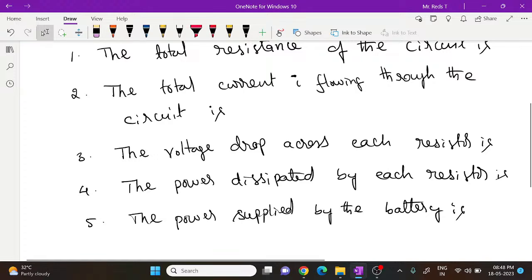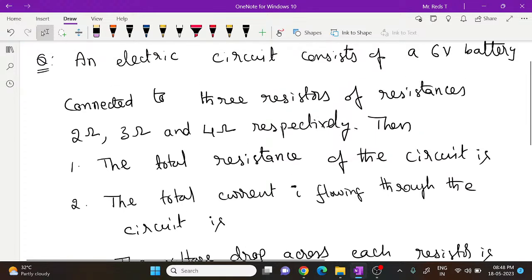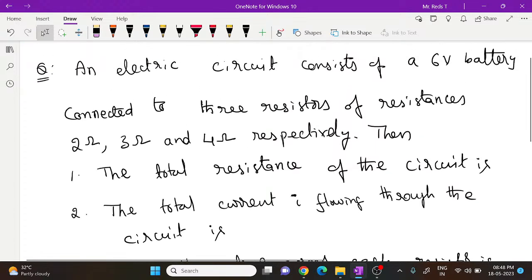Okay, guys. Actually, one point here is not clear in the question. The electric circuit consists of a 6-volt battery connected to 3 resistors of resistances respectively, but whether they are connected in series or parallel is not mentioned clearly. Yes, one of you guys, Muhammad Faris, pointed out series or parallel. Very good point.